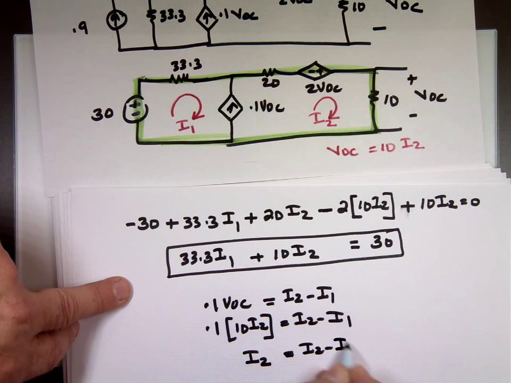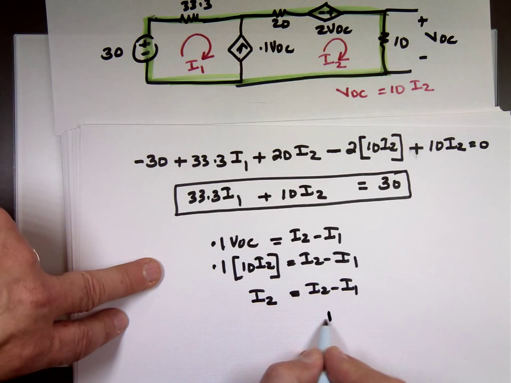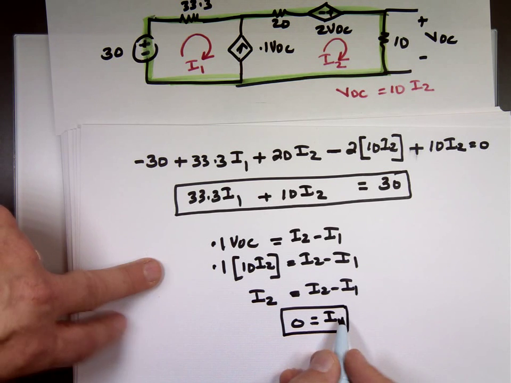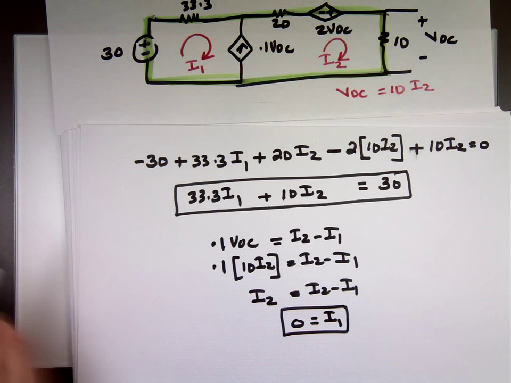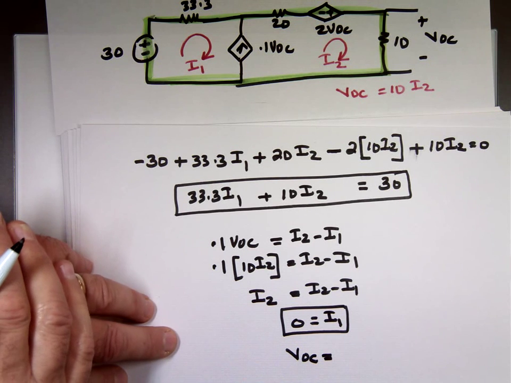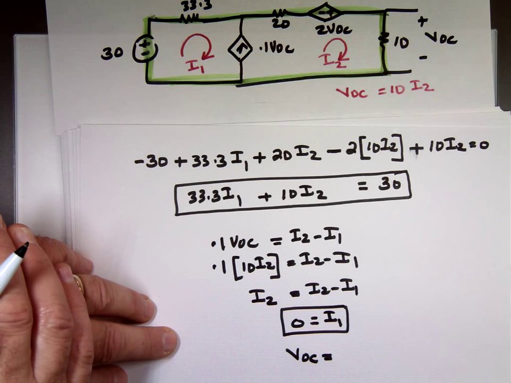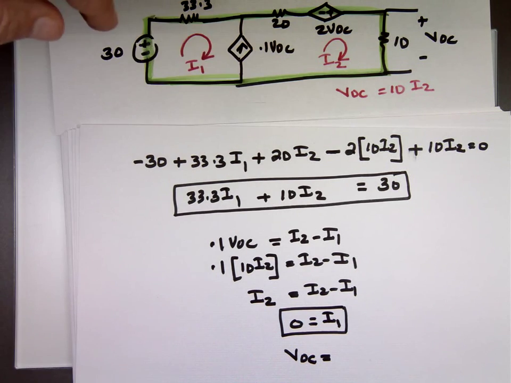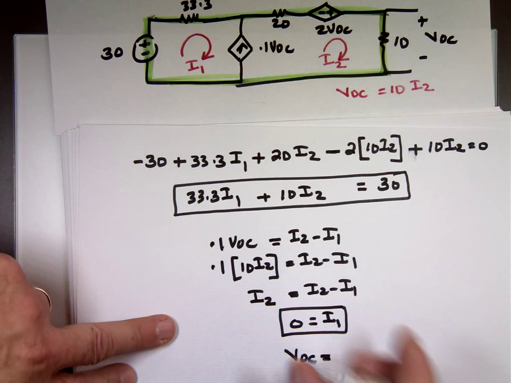Guess what that means? What is I sub 1? I sub 1 is 0. If I sub 1 is 0, guess what V open circuit is? We don't know what V open circuit is yet, right? Because that's 10 times I sub 2. Till I know what I sub 2 is, I can't do it. So let me come back here and find what I sub 2 is.